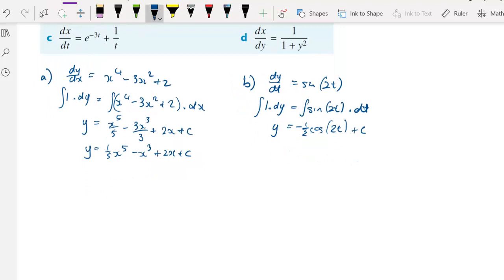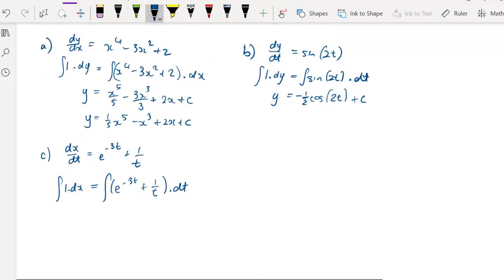When we look at c, we have dx/dt is equal to e to the negative 3t plus 1 on t. So we've got two separate terms here. Same approach, we want to separate the differential, and now we have 1 dx is equal to e to the negative 3t plus 1 on t dt, and we end up with an integral on each side again.